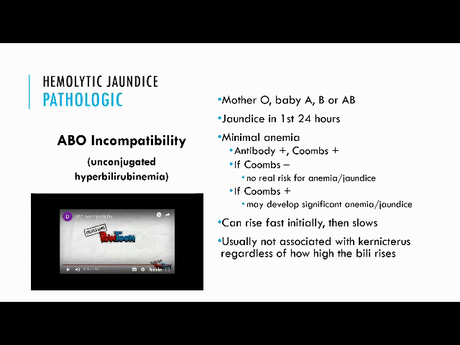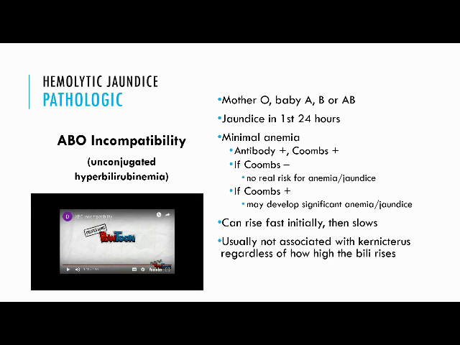So we would probably do an antibody test on mom, and if she's positive or baby's got a Coombs positive test, then that would be more concerning, right? Because we have those antibodies that are present. If the Coombs is negative, there's not a real risk for anemia. There could still be some jaundice, though.